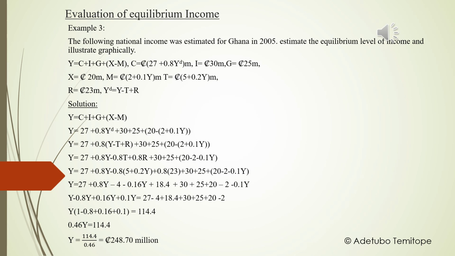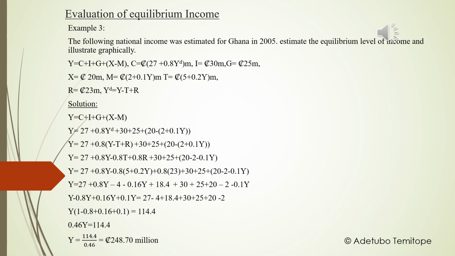So when we input the disposable income, which is YD, our Y will become Y equals 27 plus 0.8 open bracket Y minus T plus R close bracket plus 30 plus 25 plus open bracket 20 minus open bracket 2 plus 0.1Y.